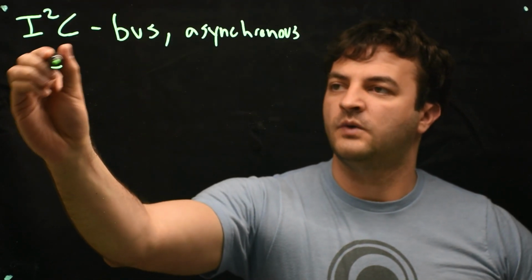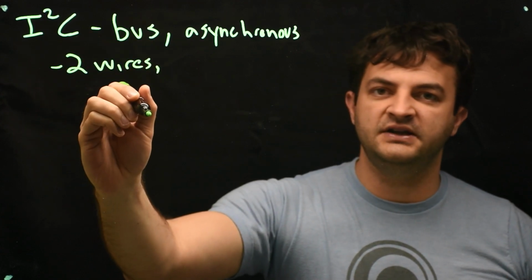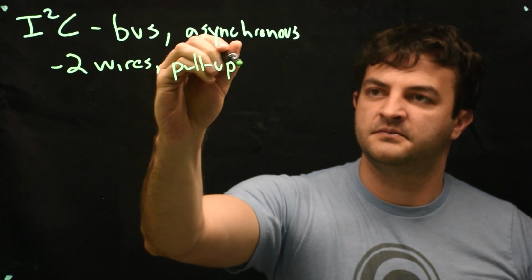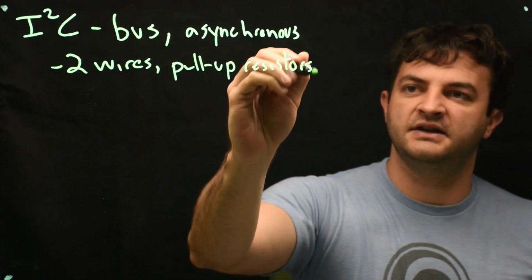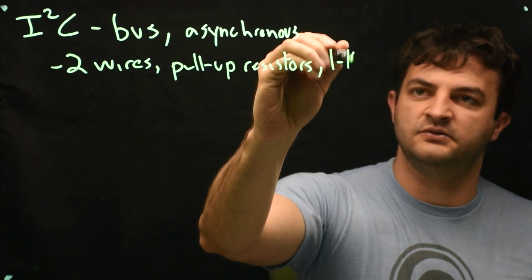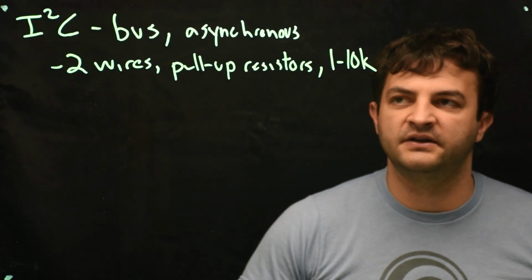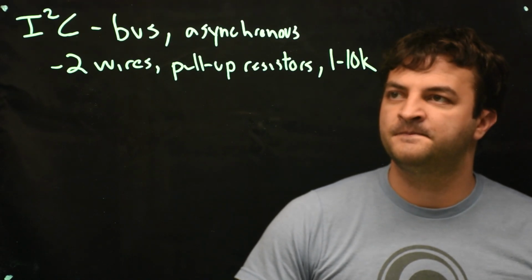It uses two wires, and what's unique is that they need pull-up resistors, typically in the range of 1 to 10K. We'll talk about why that is necessary when the other typical digital communication protocols do not require them.